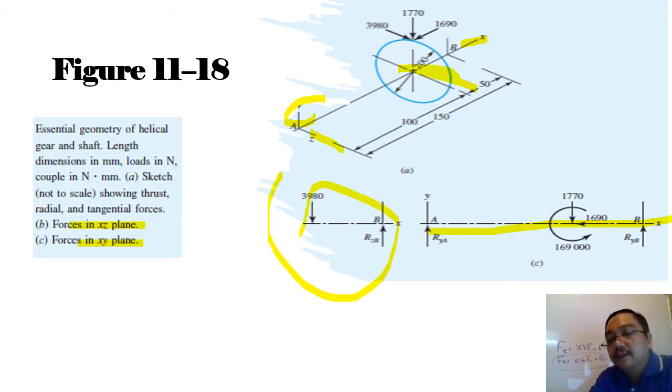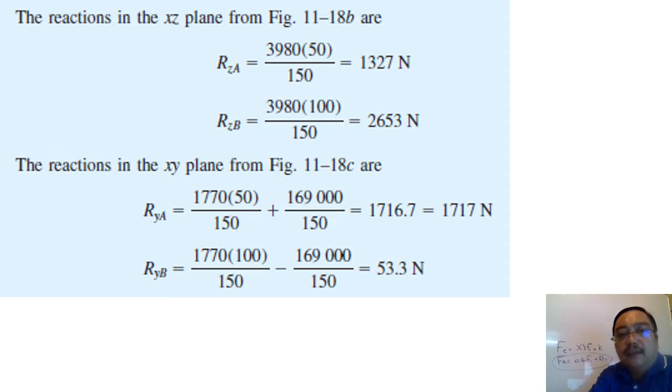So we want to find the suitable bearing for this arrangement. For the xz plane in figure 11.18, RZA radial, 3980 times 100 over 150, you get 1327 Newton.